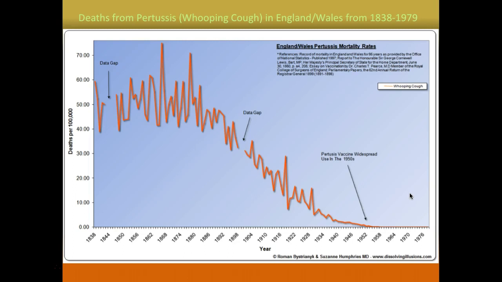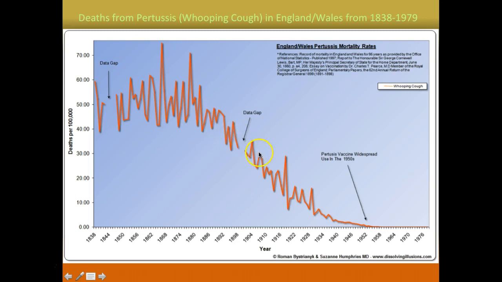This is deaths from pertussis, which is also known as whooping cough. And this is in England or Wales from 1838 till 1979, so around 140 plus years. And you see again, Industrial Revolution, super high rates of pertussis, lots of people are dying, 50 out of 100,000 or so.